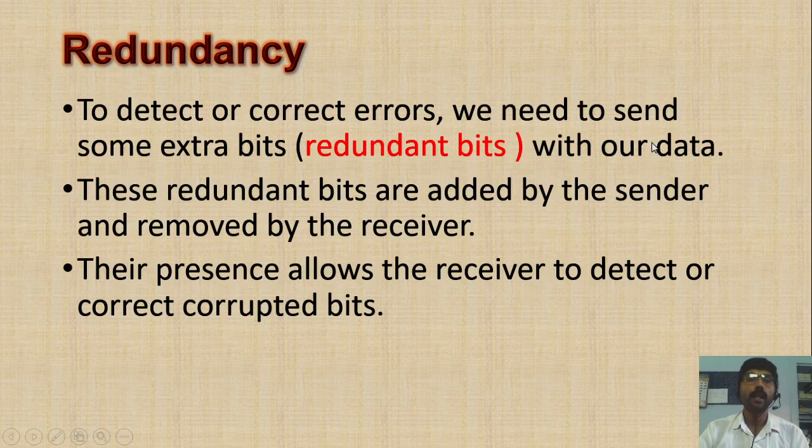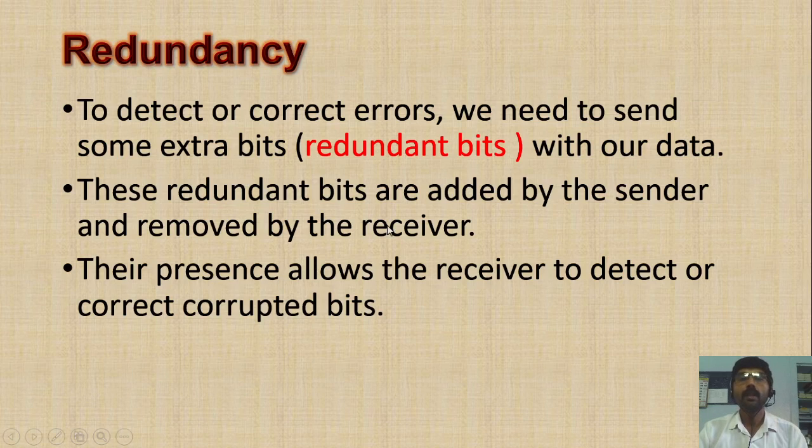to the data. Actually, these redundant bits are created by using the data. These redundant bits are added by the sender to the data and sent to the receiver side. The receiver receives the data and these redundant bits and identifies whether the data is corrupted or not.